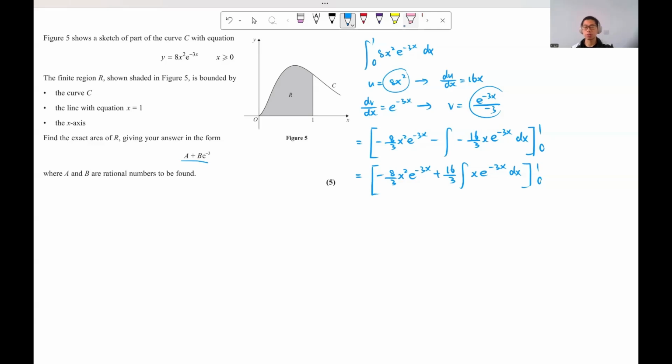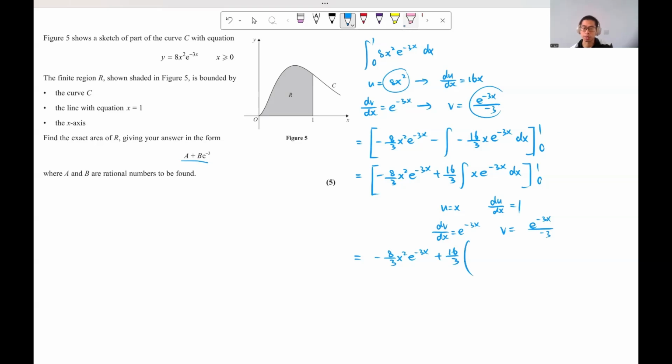Because there's still a product here, we need to use another integration by parts. So u equal to x, and then du over dx equal to 1. And then dv over dx equal to e to the power negative 3x. So integrating that, v equals e to the power negative 3x over negative 3. So that gives us negative 8 over 3 x squared e to the power negative 3x plus 16 over 3, and I will put big brackets.